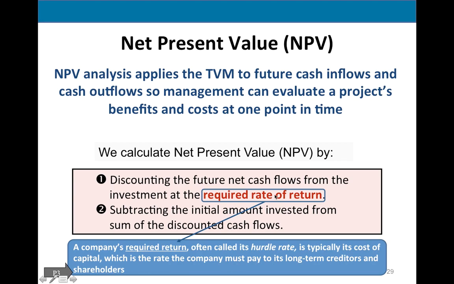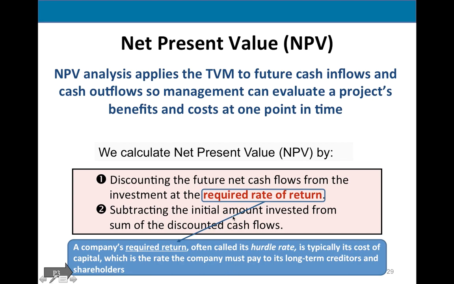And for the interest rate, you will be given this required rate of return. It's also called the hurdle rate sometimes. It's typically the cost of capital, right? It's the rate the company must pay to its long-term creditors and shareholders. What's the average interest at which the company borrows? It will always be given to you, or sometimes you would be able to figure it out when we are doing the last method, internal rate of return.